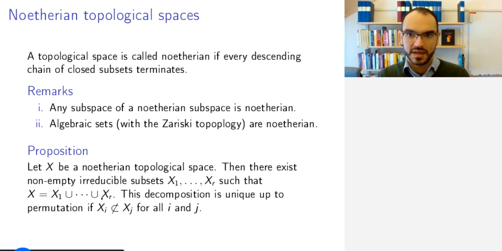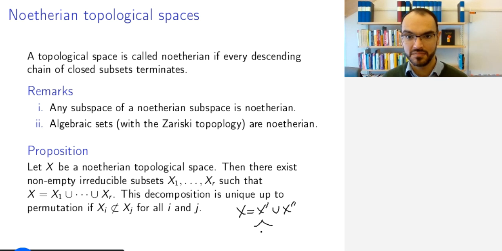Well, assume not. What that would mean is, in particular, if X doesn't have a decomposition into irreducible subsets, it has to be reducible. So you can write X as X prime union X bis. And then if X doesn't have a decomposition into finitely many irreducible subspaces, then one of these will have the same property.